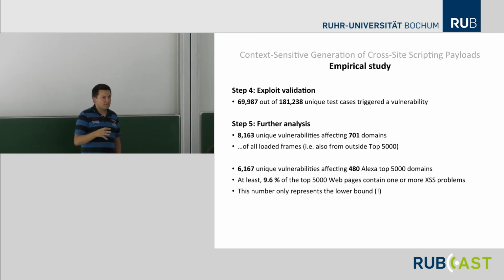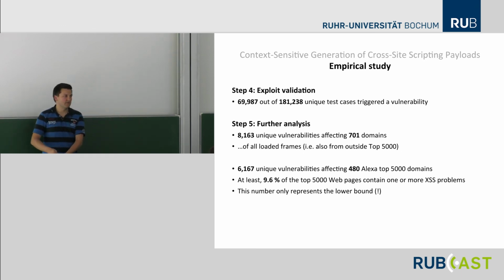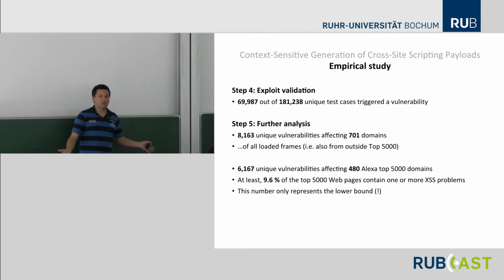So we roughly found 70,000, but it's not a real 70,000, because often you have that one JavaScript library that is contained in every page of the web page. Or you have a blog post that is vulnerable, and you have 500 blog posts in the blog. Then you have 500 exploits that work, but it's only one vulnerability in the code.